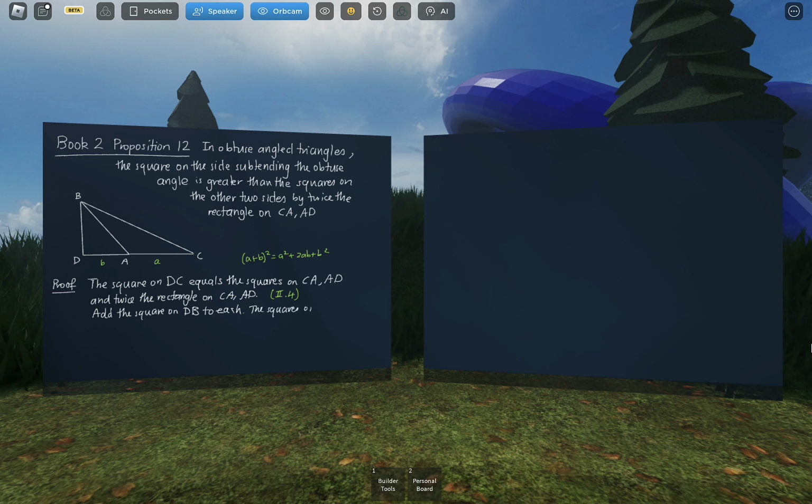So the squares on CD, DB are equal to the squares on CA, AD, DB, and twice the rectangle. But the square on CB is equal to CD squared plus DB squared by Pythagoras.